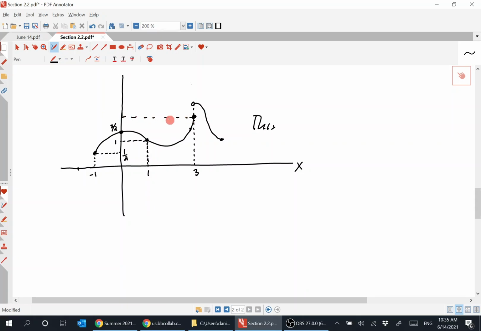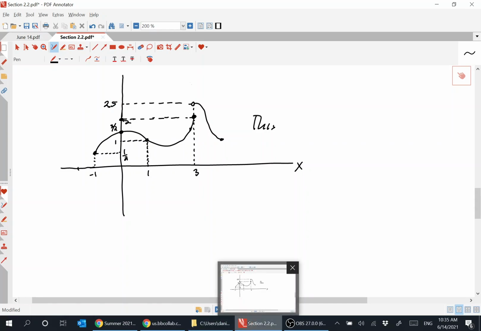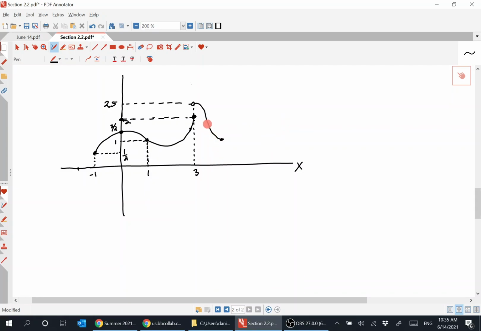And this point on the y-axis we'll say is 2. And this point on the y-axis is 2.5. And then right here, x equal to 3.5 right there.